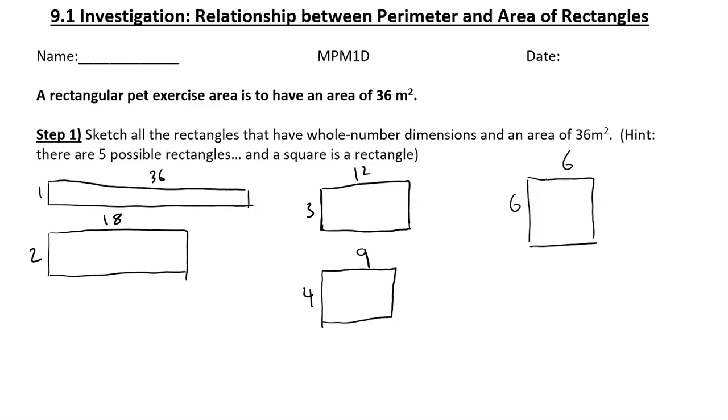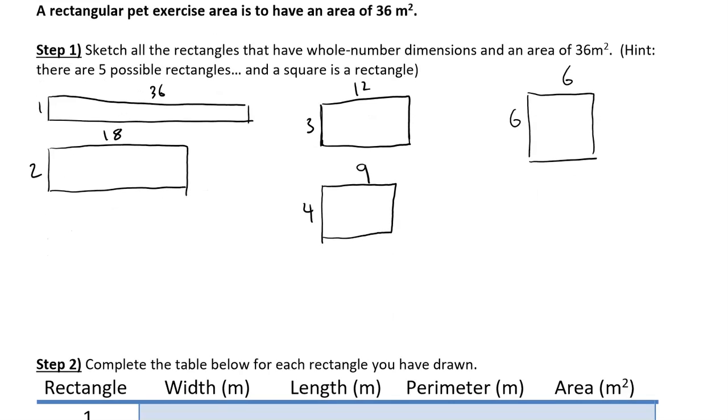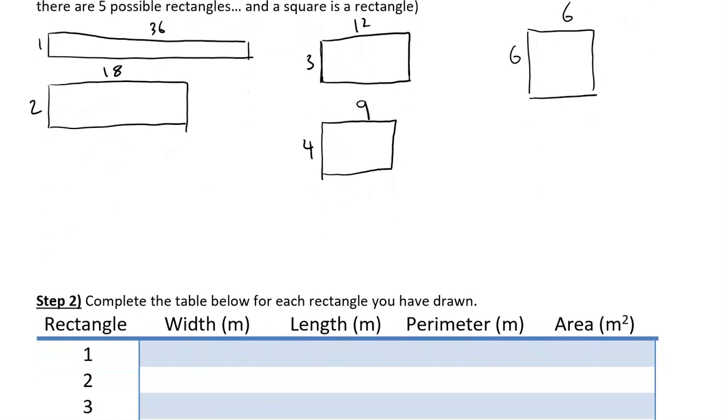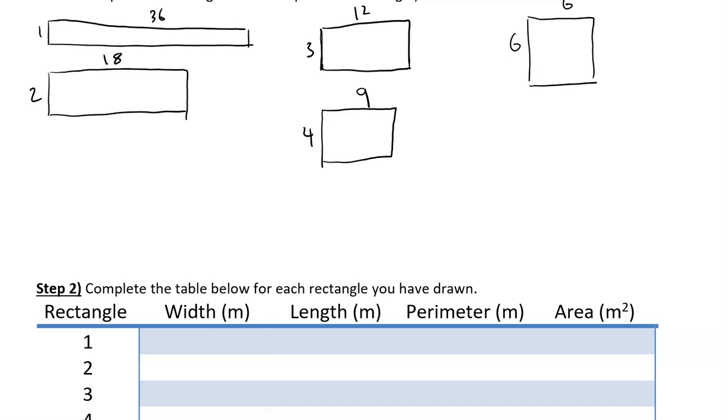So what we're going to do now is fill in the chart below, and compare the length, widths, perimeters, and obviously the areas all being the same. So here we go. The first one, rectangle 1 that we've drawn in the top left, has a width of 1 and a length of 36.